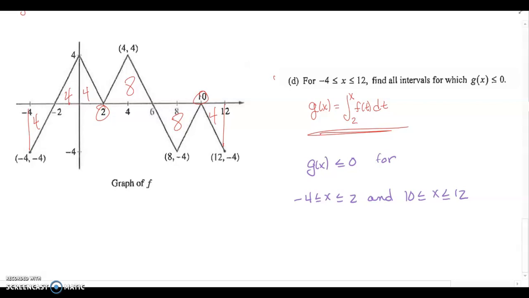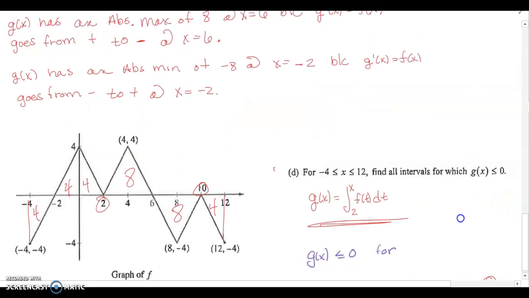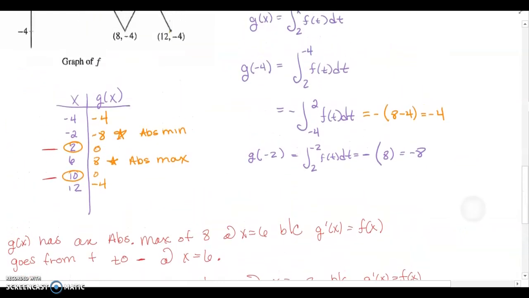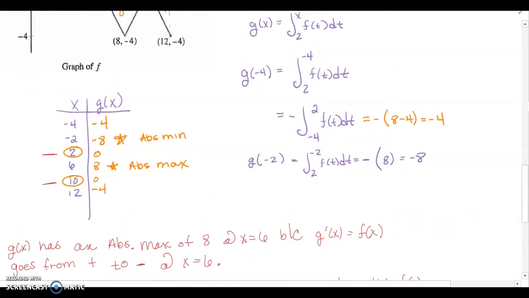Let's quickly run through the scoring rubric. This one is a straight 2 points. You have to have both intervals to get that. If we go back to part C, let's think about what we need to include. You get a point for considering the interior critical values.